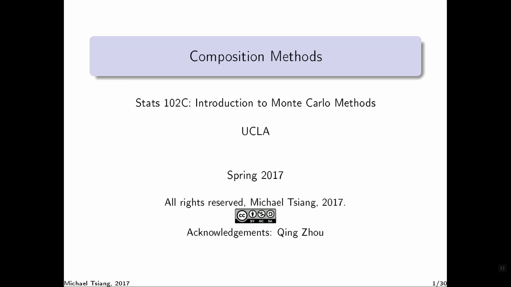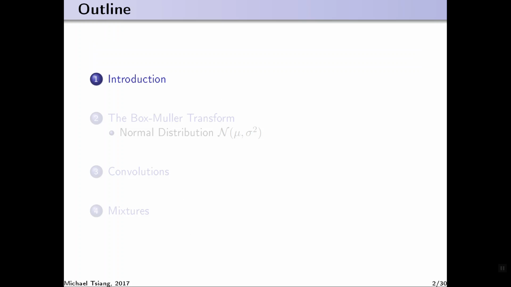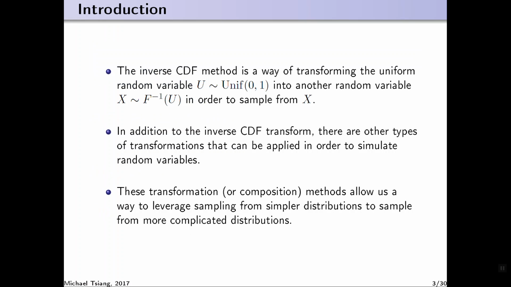You just do the CDF, which is going to be the exponential, and then the inverse of that's the log. It's quite easy, and so anyway, we'll just start off with some basic composition methods. Okay, so all right, I guess this is kind of just what I said. In addition to the inverse CDF, there's other methods, and these ones are going to be composition methods, okay?